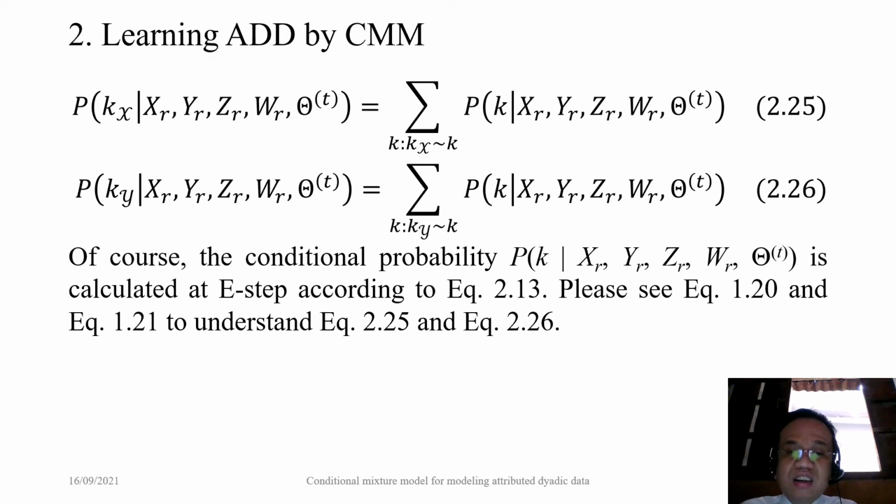Of course, the conditional probability P of K is calculated at the E step according to equation 2.13 plus equation 2.20 and equation 2.21 to understand equation 2.25 and equation 2.26.